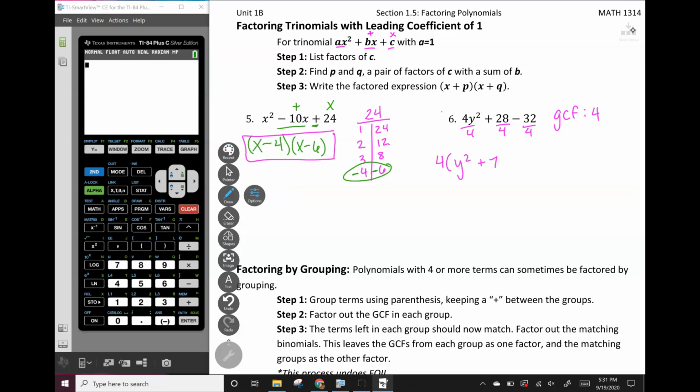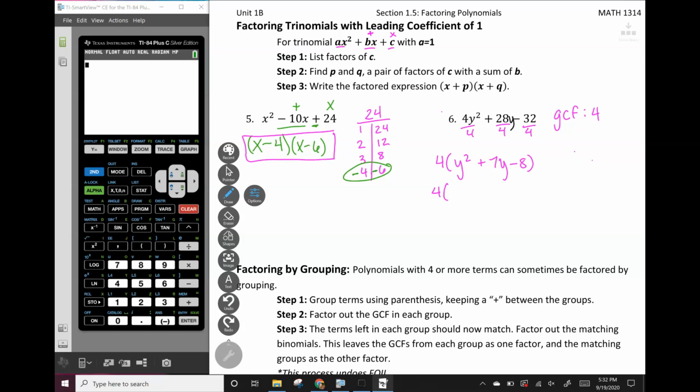That is my bad. That's definitely supposed to have, oops, not an x, a y. So if you can just write that in. Okay, so 7y and then minus 8. Okay, now we're going to factor this trinomial that now has that leading coefficient of 1 right there.